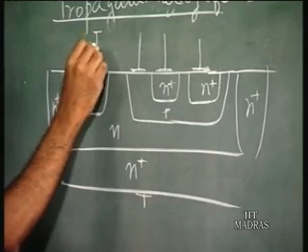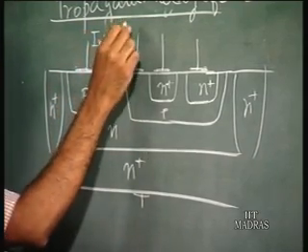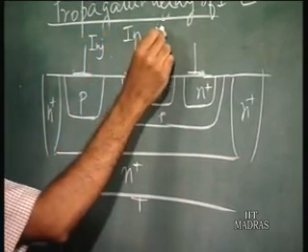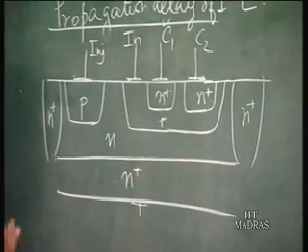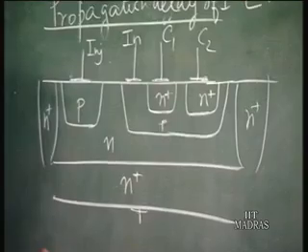So, injector, input, collector 1, say collector 2. This is the well known structure which we have been discussing.